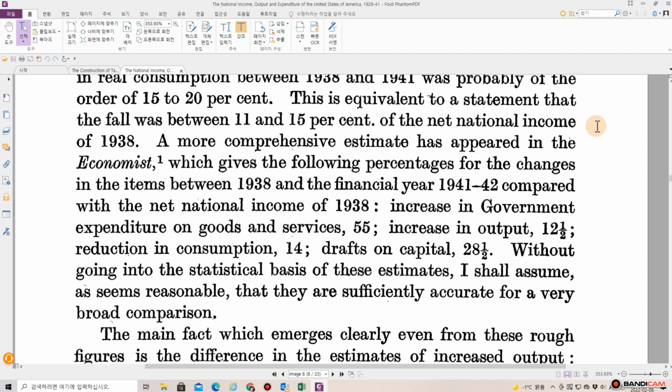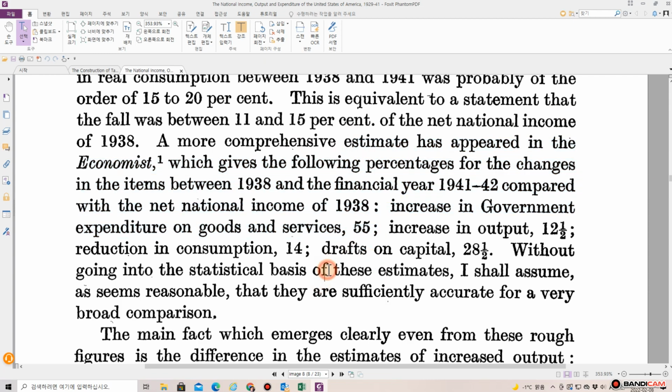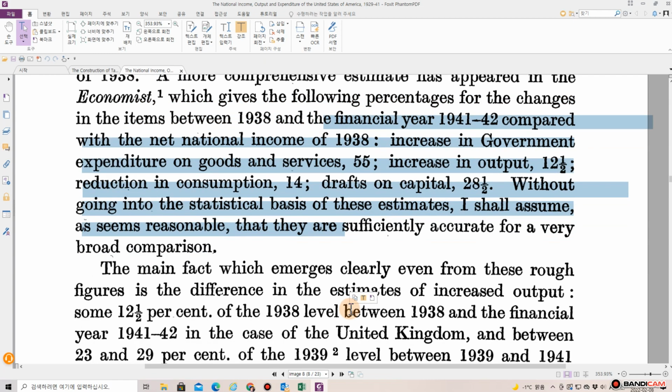A more comprehensive estimate has appeared in The Economist, which gives the following percentages for the changes in the items between 1938 and financial year 1941 to 42 compared with the net national income of 1938. Increase in government expenditure on goods and services, 55.